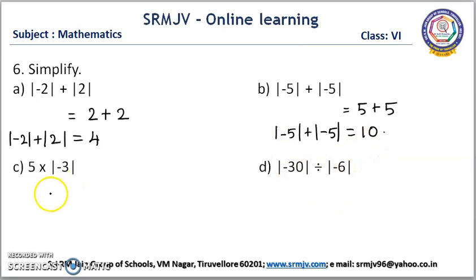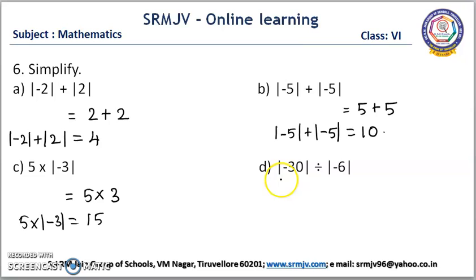Okay. The next question, 5 into modulus of minus 3. So, 5 into the value of modulus minus 3 is 3. So, 5 3s are 15. So, 5 into modulus of minus 3 is 15.